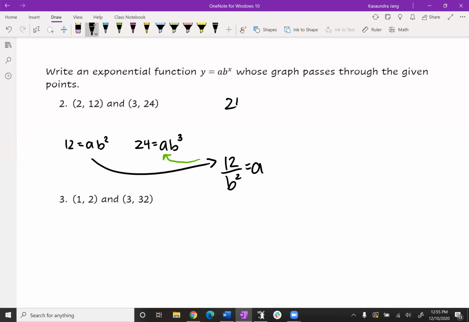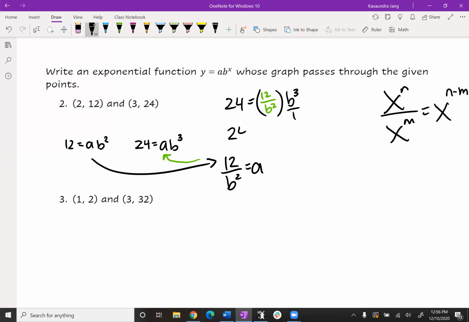So if I use that rule here, this is b cubed over 1, like this is in the numerator, and then b squared in the denominator. So I'm going to simplify this down by subtracting the numerator, the 3, minus the exponent in the denominator, 2. 3 minus 2 is 1. So I've got 12 times b raised to the first. And really, do I need to raise it to a power of 1? Not really. It means I just have one of those b's there. That's fine.